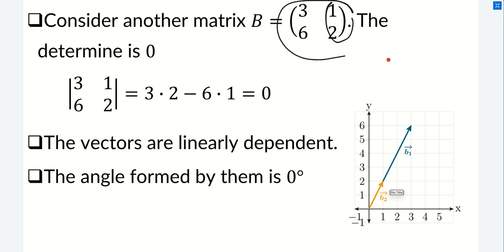So the column space will definitely be 1 because it is only 1, because we can get this from here. Now, when we check the determinant, we are getting 0. So if I plot this, you see that the two vectors lie on each other.